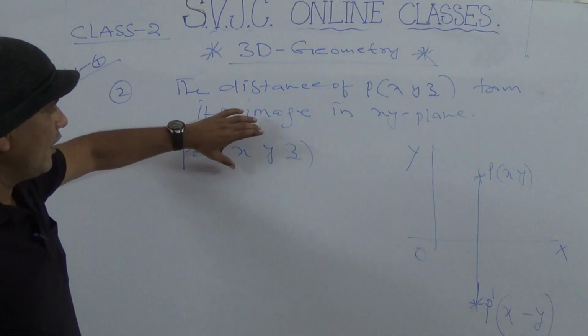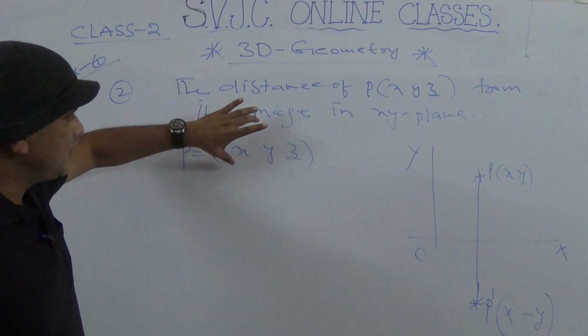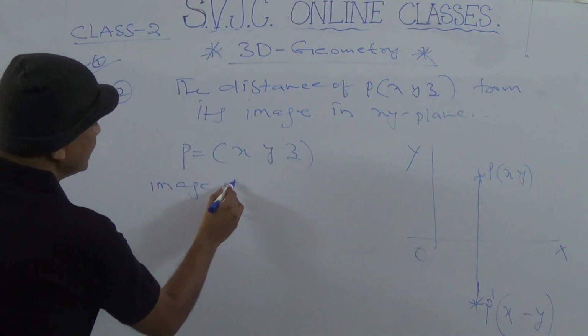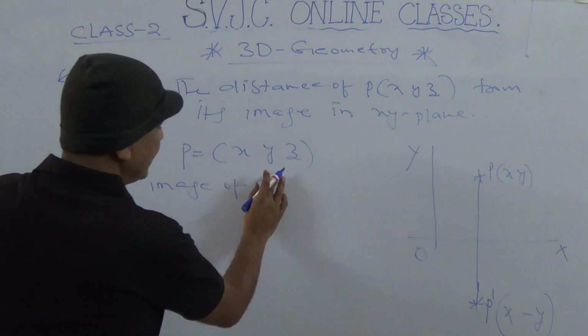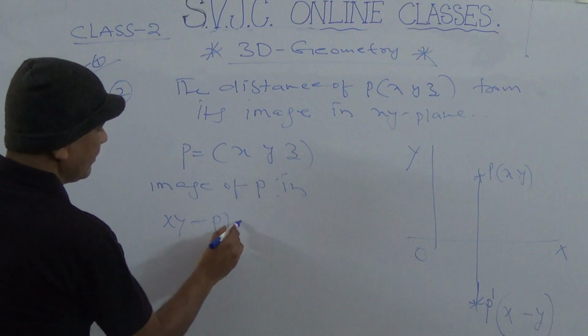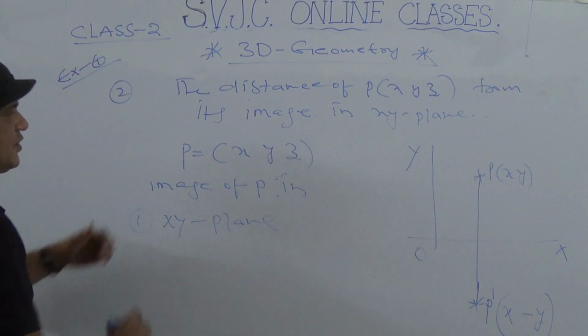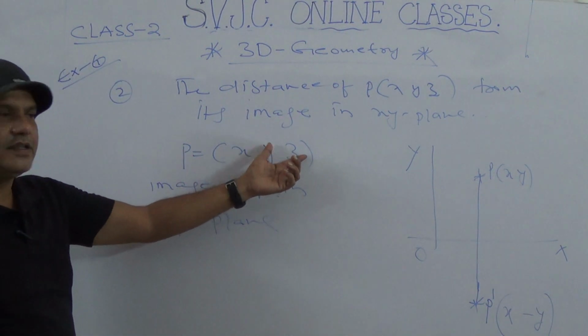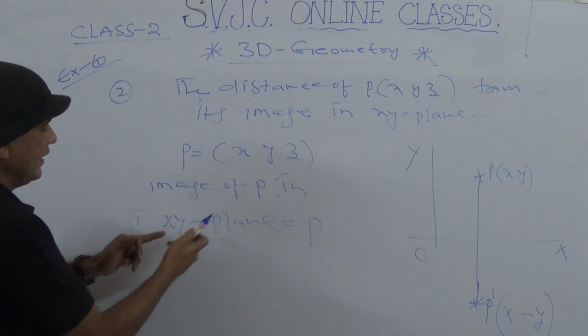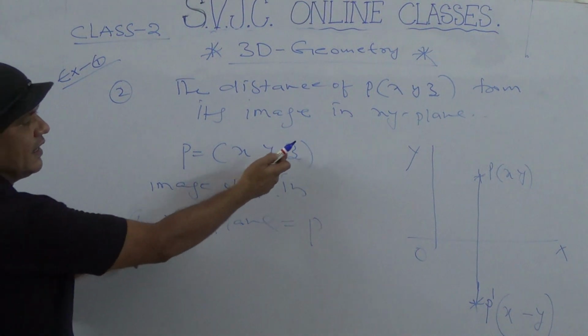Here, given that P is (x, y, z), now the image of P in the xy plane: the sign of the z coordinate changes. That means P dash is (x, y, minus z). Similarly, the image of P in the yz plane: the sign of the x coordinate changes, that means (minus x, y, z).